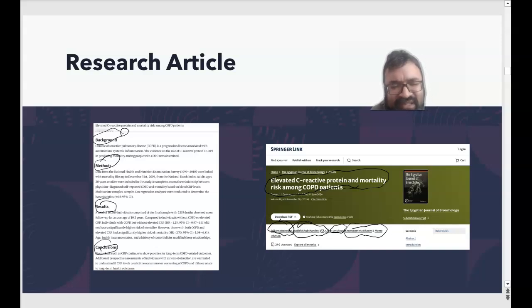Sometimes people will say, and this is common, a kind of template for everyone, this is called IMRAD. You might have heard of this: intro, methods, results, and then discussion.